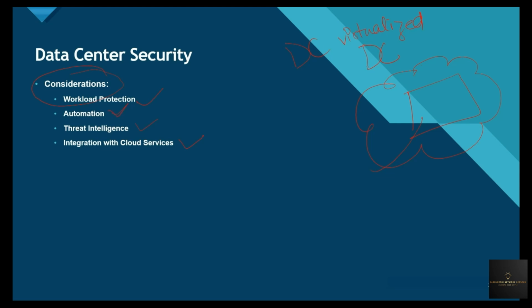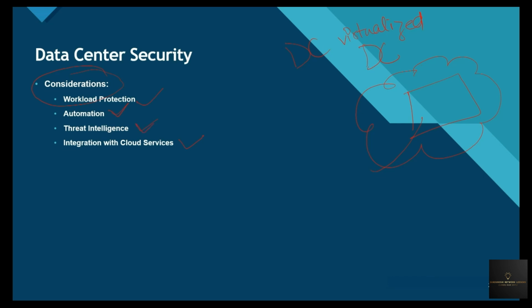This is the implementation of automation features like the next generation firewall's APIs to enable dynamic security policies that adjust based on workload placement or other environmental changes. Now you can automate by making API calls to the next gen firewall, that is Palo Alto, and create dynamic security policies that will adjust based on the workload placement.